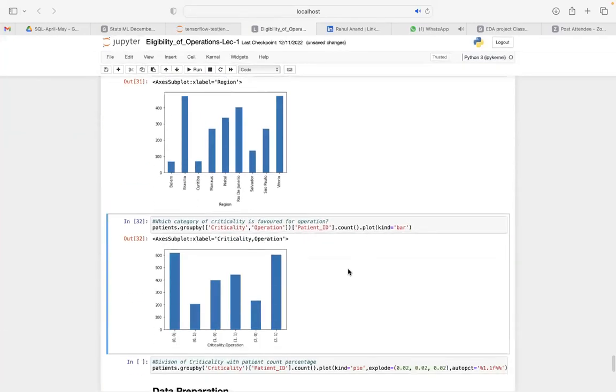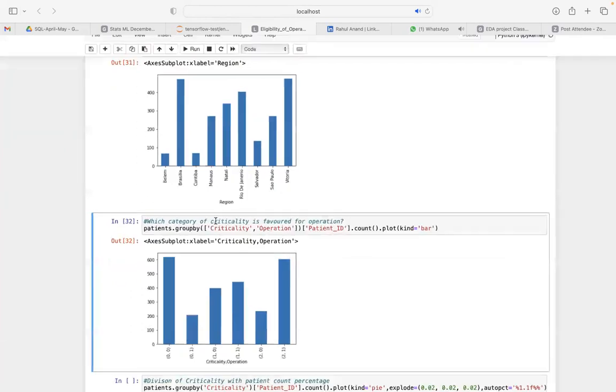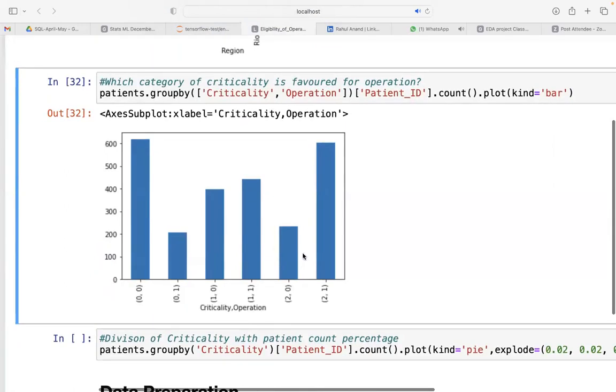Again, if you want to check how critical your patients are, this is vital information that you can give to your client as a part of insights of the data. So what I'm doing here is plotting a bar graph to check the count of patient ID, and I'm comparing the criticality with the operation.